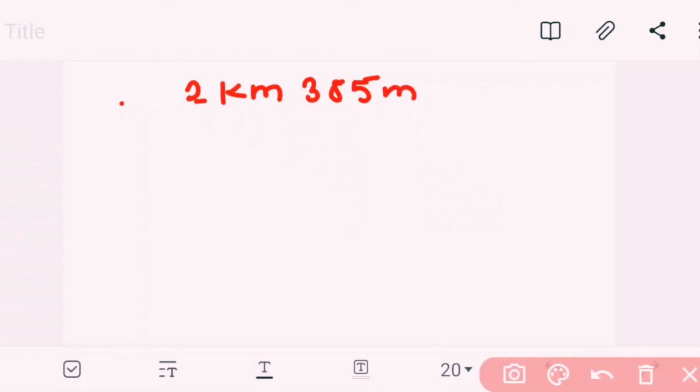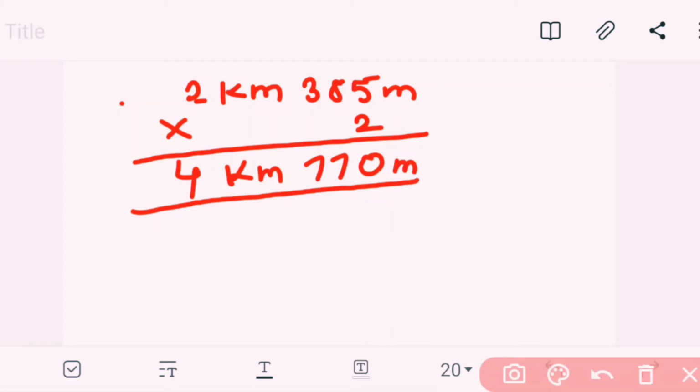He goes to school and comes back home. So the distance covered by him in one day, we need to multiply this by 2. So he covered 4 km 7 centimeter distance in one day. The number of days from Monday to Friday is 5.